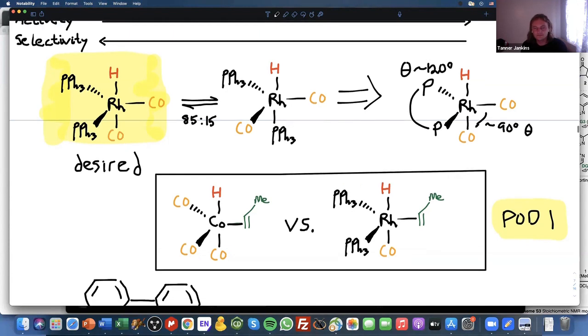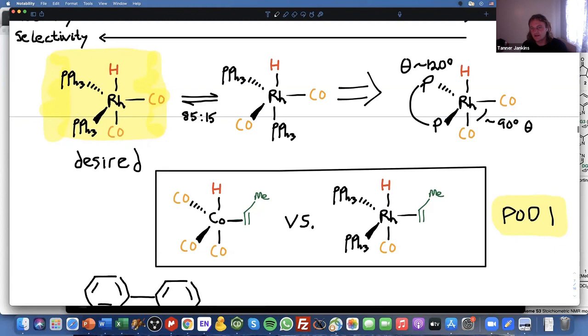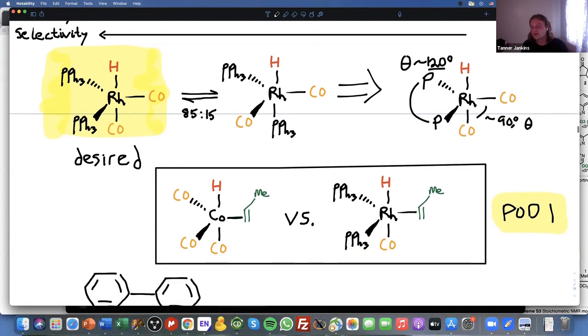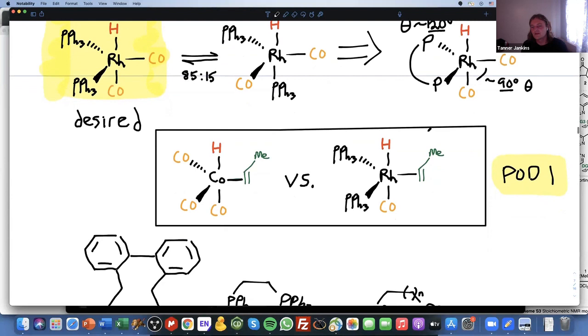And so in the case of using a chelated phosphine where these two are tethered together, you might expect that you can effectively design a ligand with the proper bite angle that would prefer to be around 120 degrees versus 90 degrees, and therefore favor this equatorial coordinated rhodium bisphosphine.